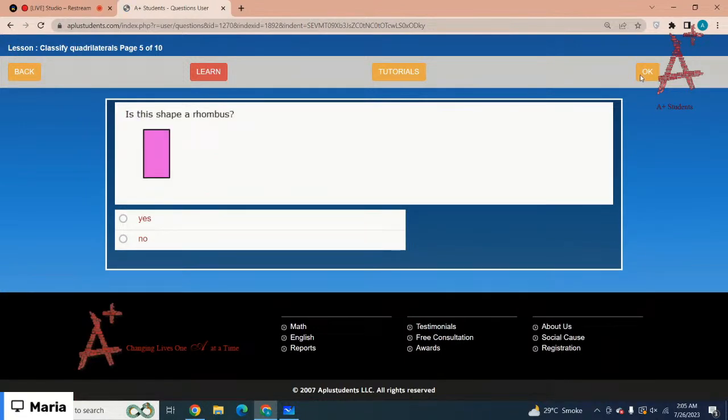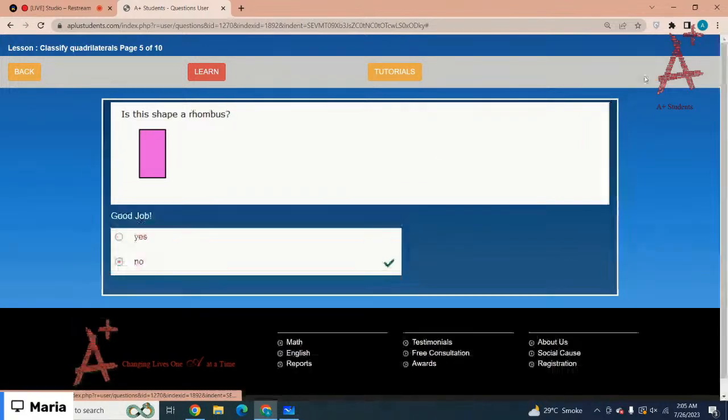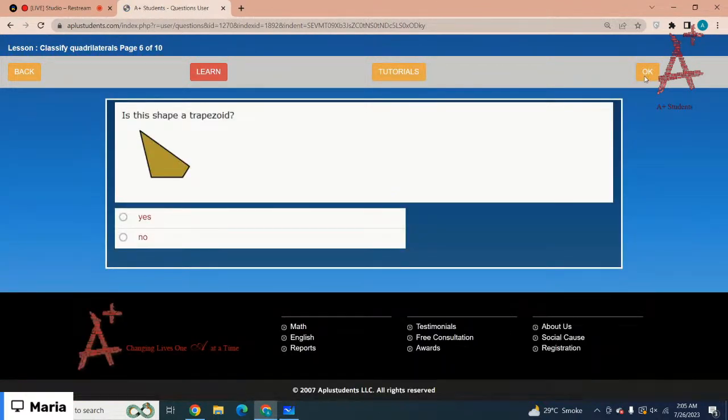Okay, is this shape a rhombus? Yes or no? The correct option is no. This is not a rhombus. Okay, the next one: is this shape a trapezoid? So which is the correct option? Yes or no?